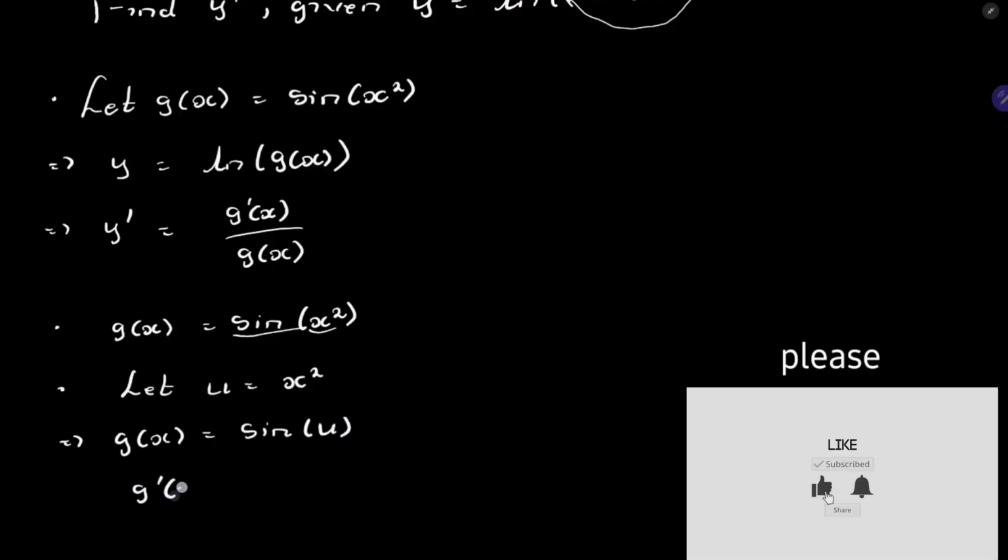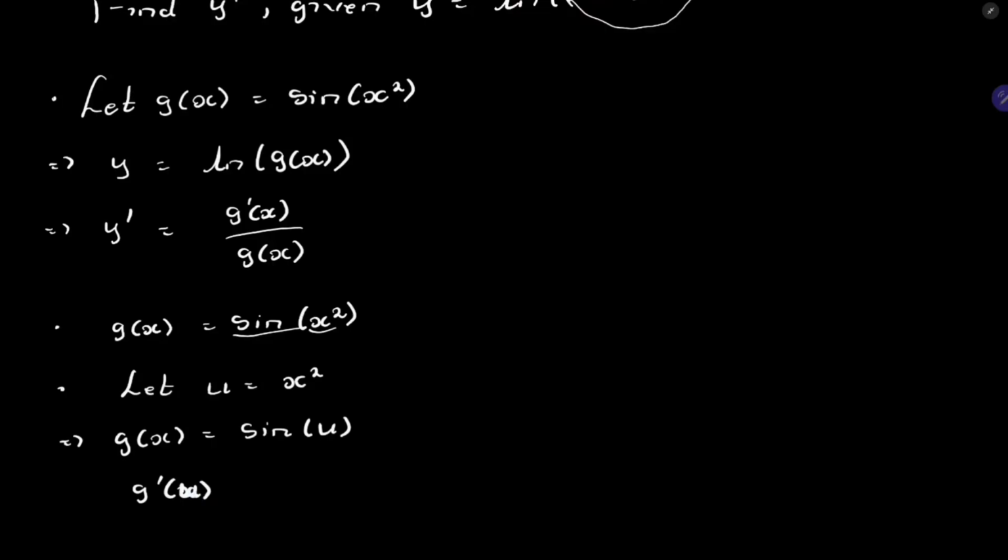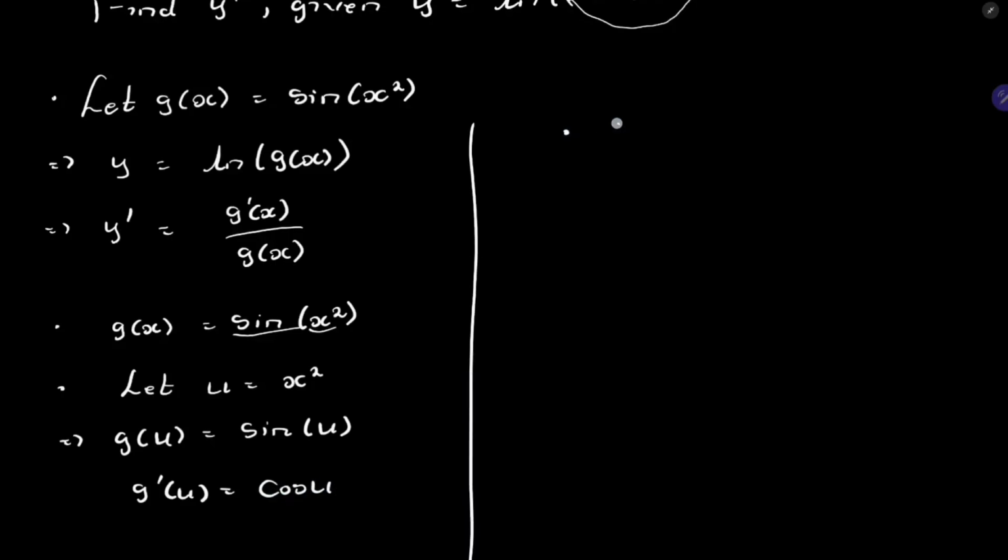Now g prime of x is g prime of u, our outer function. G prime of u is equal to the derivative of sine u, which is cos u. Our next thing to do is the derivative of our inside function u with respect to x, which is the derivative with respect to x of x squared, which gives us 2x.